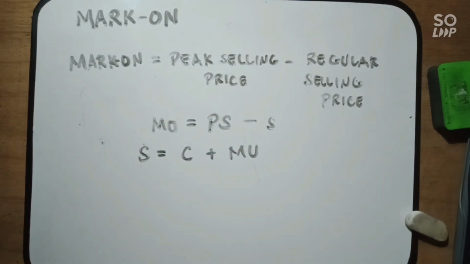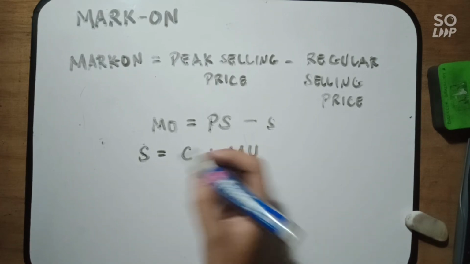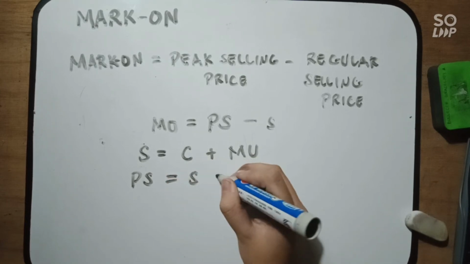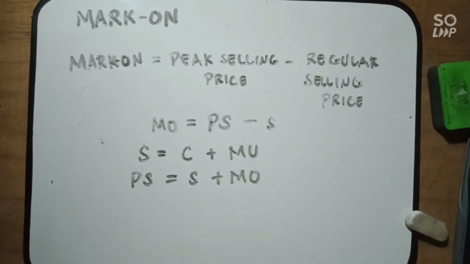So the formula for the selling price after the increase is PS is equal to S plus MO. It is also known as the peak selling price. So peak selling price is equal to the regular selling price plus the mark-on.